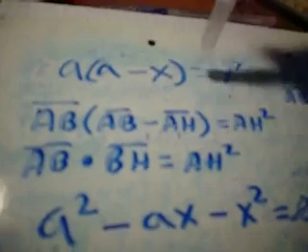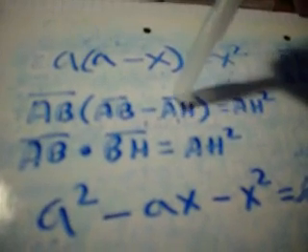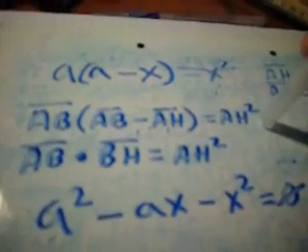Now, how did we get all this? Well, we had the length of AB from Euclid Book 2, proposition 11, and it's going to be multiplied by the following result. You're going to put parentheses right here, as you can see here. The length of AB subtracting the length of AH, if you take that times AB, you will get AH squared.